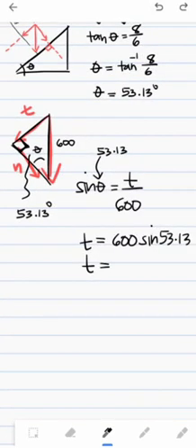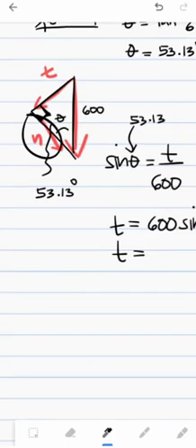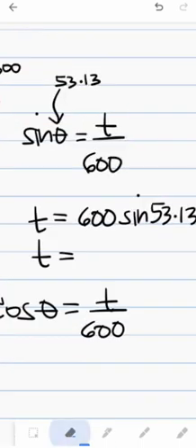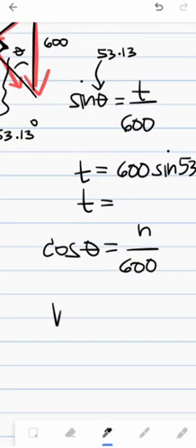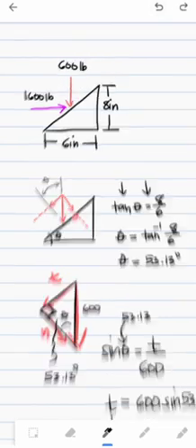Now we've solved the tangential component of the 600-pound force. How about its normal component? That is adjacent to our angle theta, so we just use cosine theta. N, the normal, is equal to 600 cosine theta. That's it, we're done with this first force.